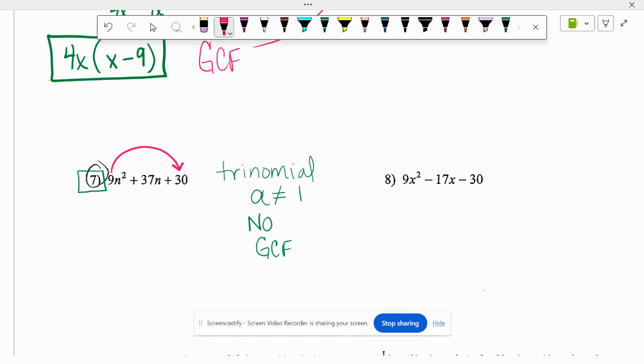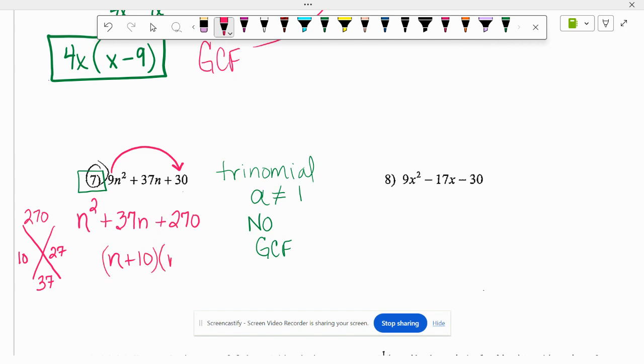So when I slide, and when I multiply by 9, I get n squared plus 37n plus 270. So let's think about this. I have to come up with 2 numbers that I can multiply together to get 270, that when I add them, I get 37. Well, that's probably going to be 10 and 27. So n plus 10 times n plus 27.